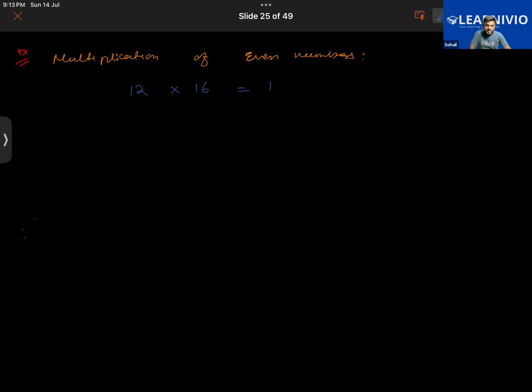You'll get 192. Or take another example: 14 and 16. What answer will you get? Multiply 14 and 16 quickly. First write the heading.